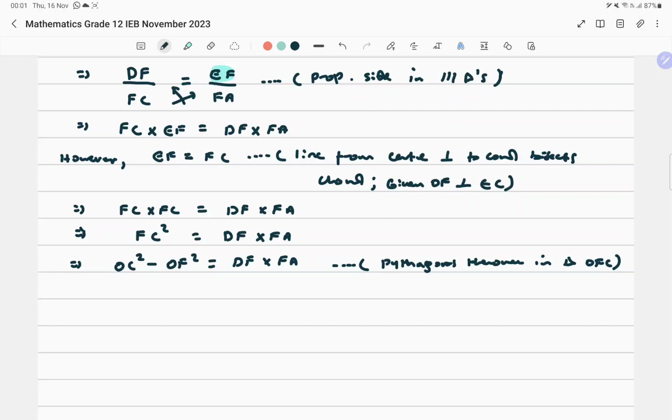I'm trying to show that instead of expressing this, remember, we know that OC squared would have been FC squared plus OF squared, isn't it? So here I'm trying to isolate FC squared, so you would transpose this to that side. So now FC squared would give us OC squared minus OF squared, which is what I'm substituting there.